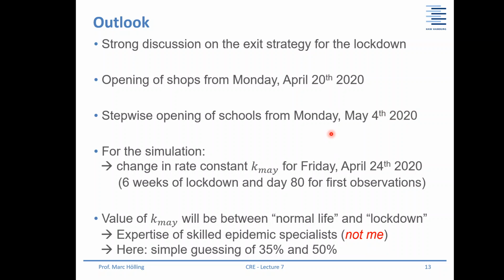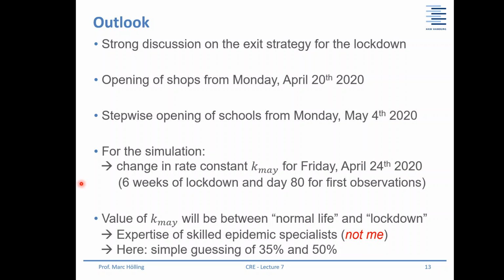So everything is a little bit in exit mode. And for the simulation, I said, okay, I need a new reaction rate, and I called it May for the next month to come. I just said this new rate constant will be active from Friday, April 24th on, so tomorrow maybe.